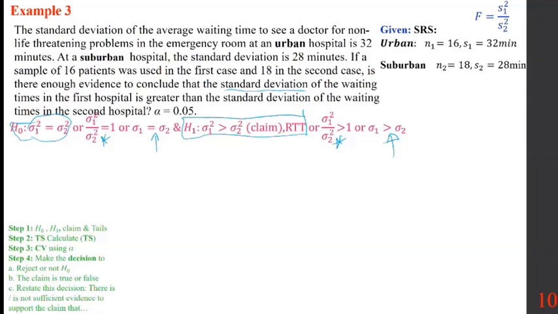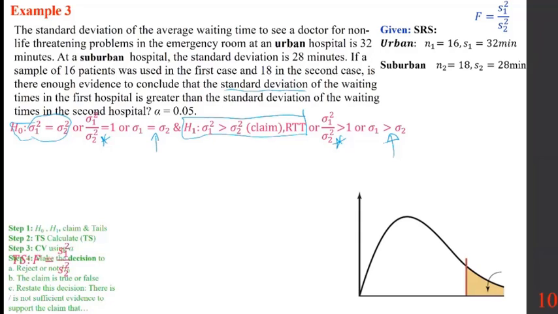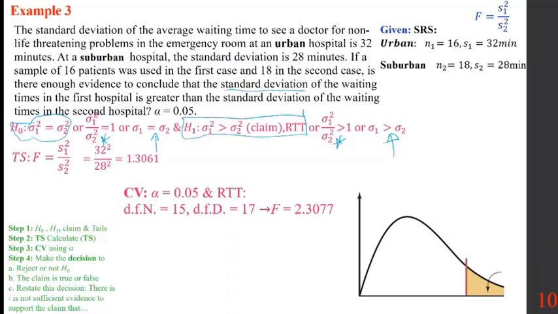Now, what is the test statistic? s1 squared over s2 squared. So this is a right tail test. s1 squared over s2 squared, and you get 1.3061. So now, alpha is 0.05. This is a right tail test. Degrees of freedom of the numerator is 16 minus 1, and the denominator is 18 minus 1.